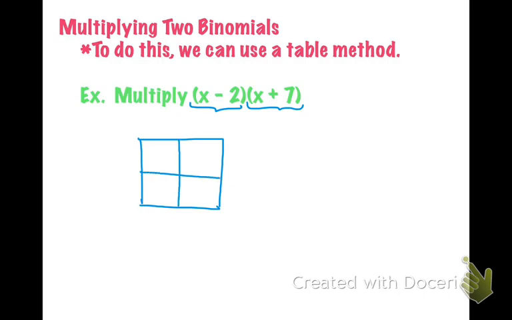2 rows, 2 columns. On the edges, the outside of my table, I'm going to list my terms. Now remember, this is an x and a negative 2. So I'm going to list those like that, x and a negative 2. And so this one is an x and a positive 7. Now what we're going to do is just go row by column and multiply these out.